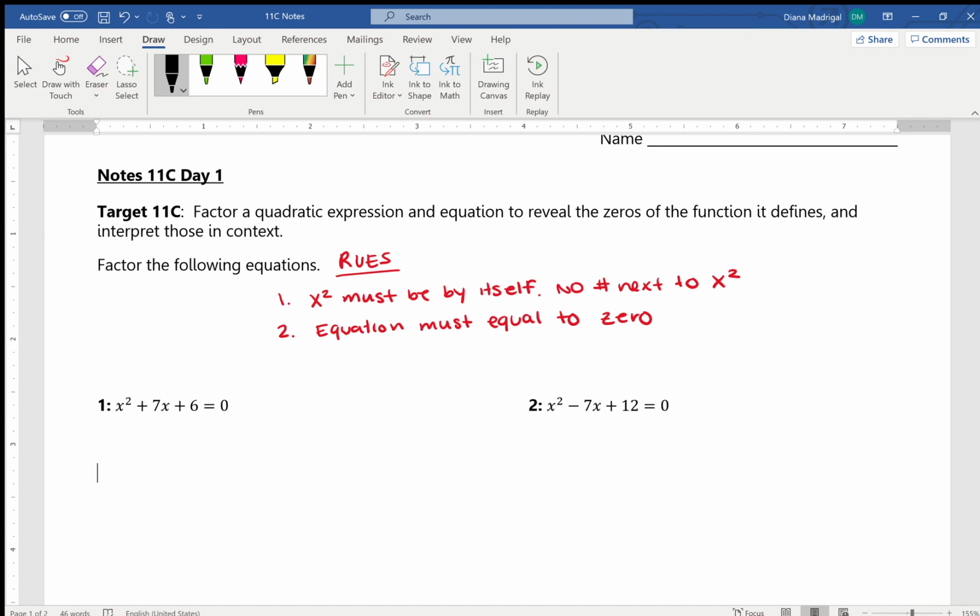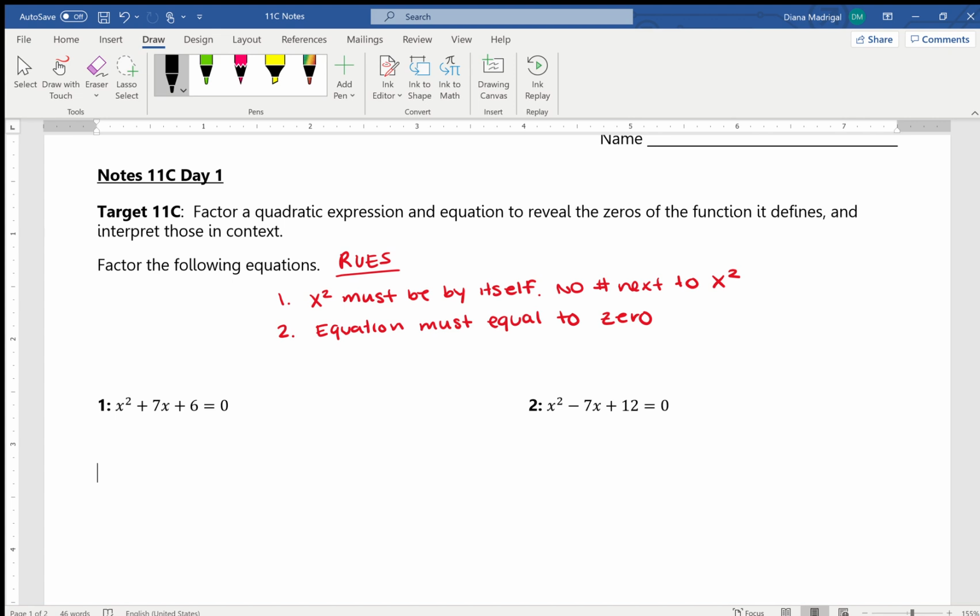So I'm going to read the objective for target C. It says: factor a quadratic expression and equation to reveal the zeros of the function it defines and interpret those in context. So we need to factor it, which means, again, we need to find what two parentheses I am going to put there so I can get the final answer that they gave me. And then if they ask for the zeros, we need to give the zeros. And again, what are the zeros?